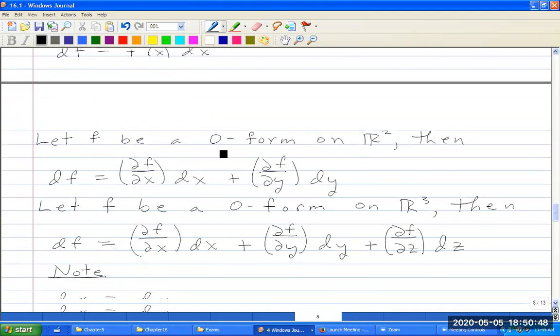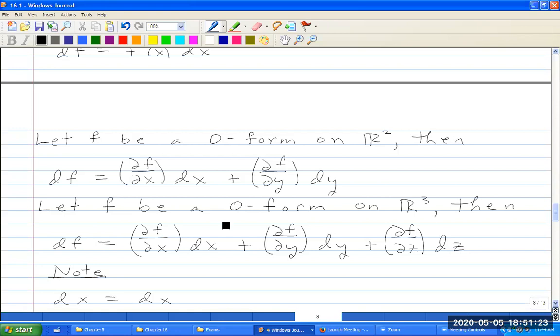What you'll notice is that a lot of these formulas that we'll be getting are going to be very similar to things that we've seen before or that we will be seeing in the near future. Let F be a zero-form on R^2. Then dF is equal to the partial of F with respect to x dx plus the partial of F with respect to y dy, the total differential.